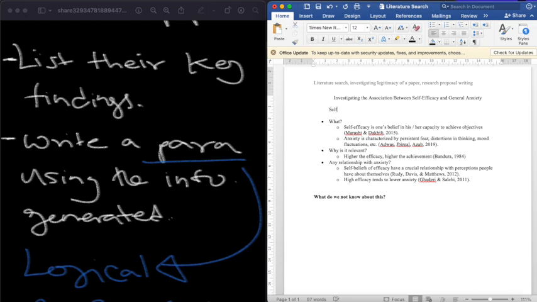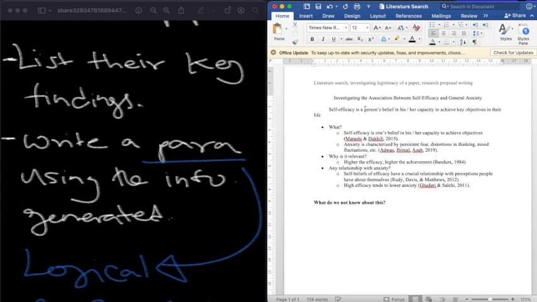Okay, let's say self-efficacy is a person's belief in their capacity to achieve objectives, let's say key objectives in their life. Okay, now I'm going to put the citation here.